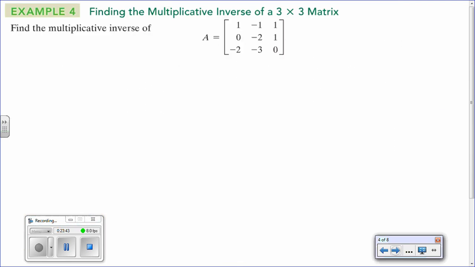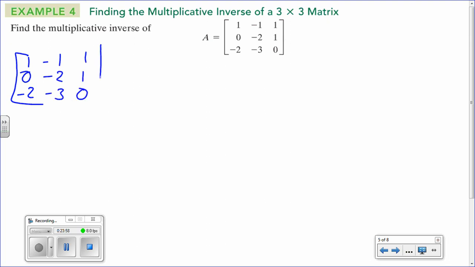So we're going to do that in the next 5 minutes. To find the multiplicative inverse of that, we have the following: 1, 0, -2, -1, -2, -3, 1, 1, 0. You're going to draw a line in between, and then write the 3 by 3 identity matrix: 1, 0, 0, 0, 1, 0, 0, 0, 1.